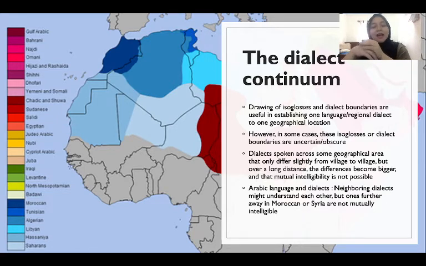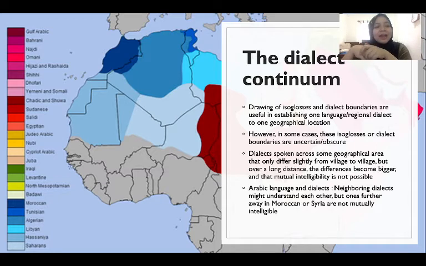When Arabic speakers use dialects, the neighboring countries or villages might still be able to communicate and understand each other, but those further away in Morocco or Syria might not be able to understand these Arabic dialects anymore, even though they are speaking the same language.